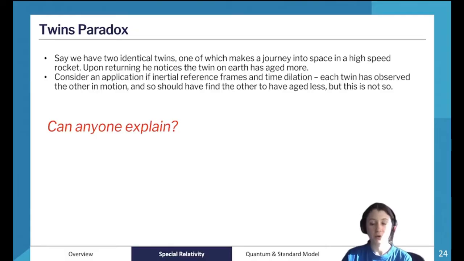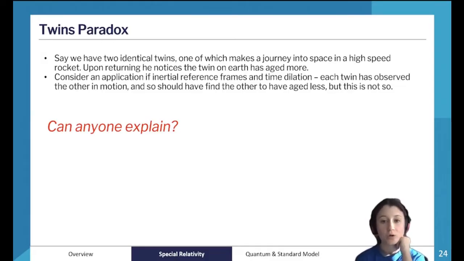And the setup goes like this. We have two identical twins, one of which makes a journey into space at a high speed. Alright? Upon returning, he notices that the twin on Earth has aged more.